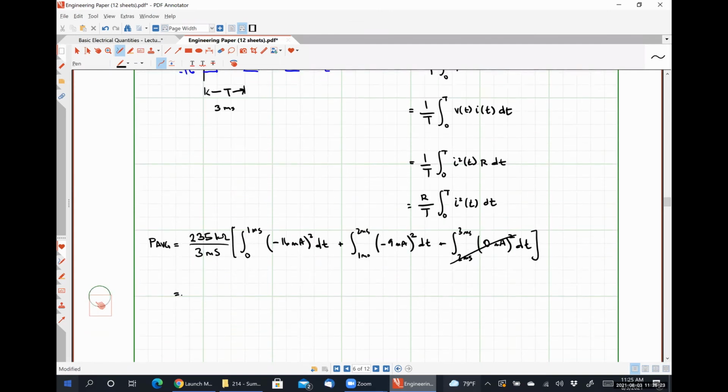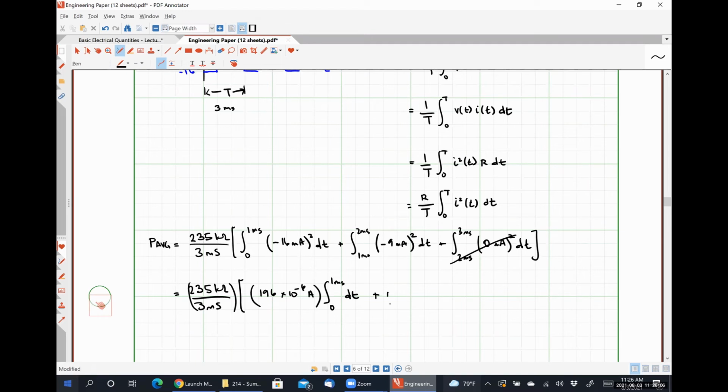So from here, I'd have 235 kiloohms times 3 milliseconds. And then I'm going to have 16 milliamps times 16 milliamps is going to look like 256 times 10 to the minus 6 amps times the integral from 0 to 1 millisecond of dt.